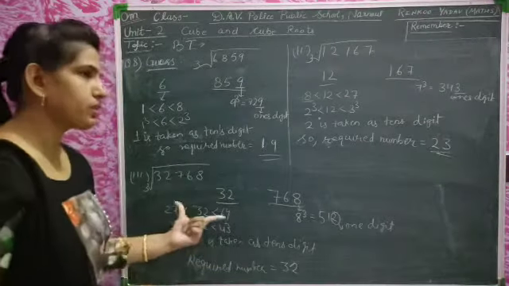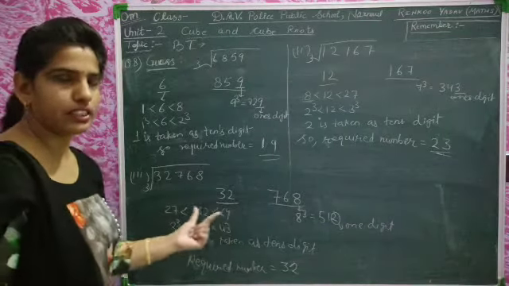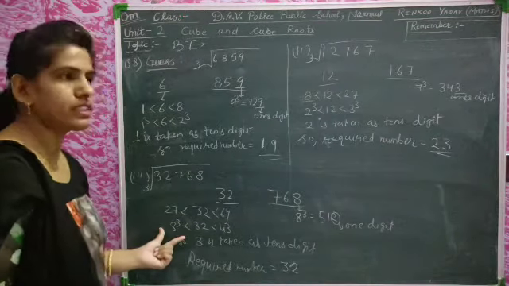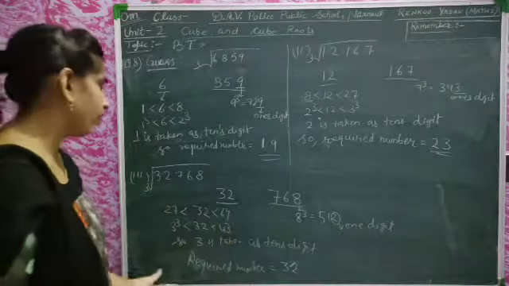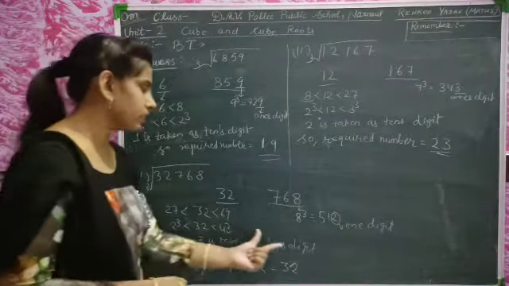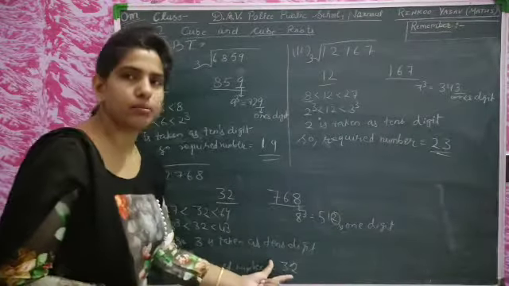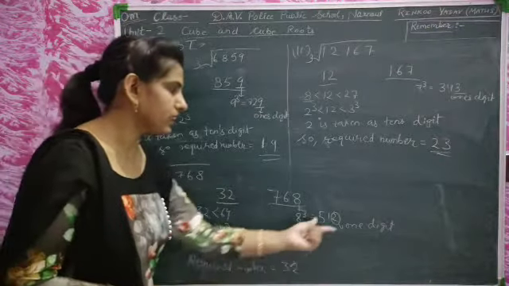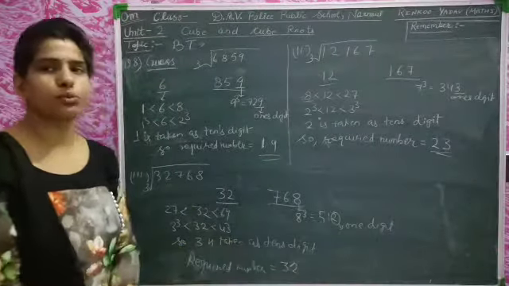The second group lies between the two cube numbers, 27 and 64. 27 is the cube of 3, and 64 is the cube of 4. So the number 3 is at the tens place digit, and the ones place digit is 2, so the required number is 32 here.